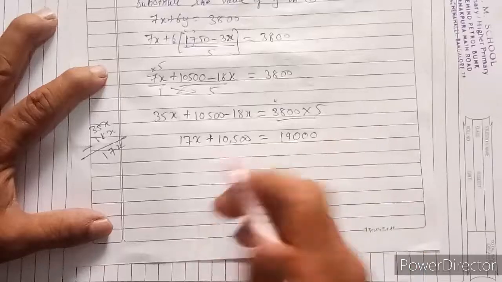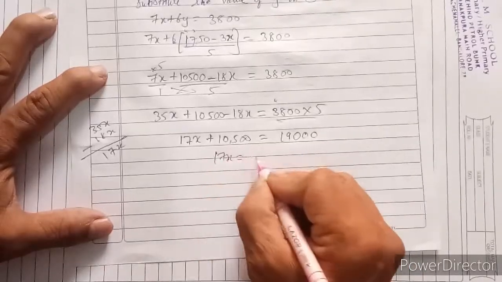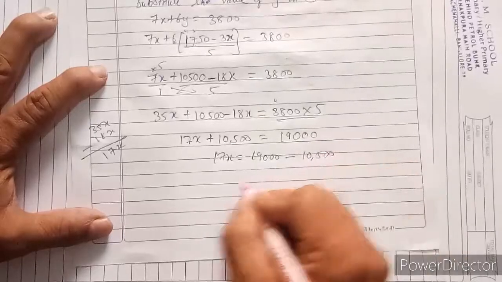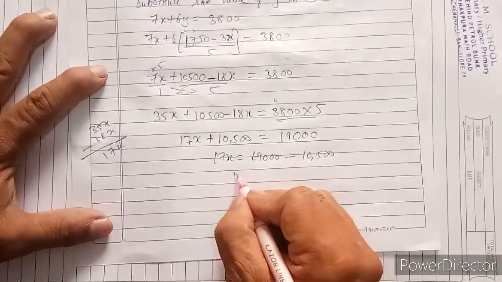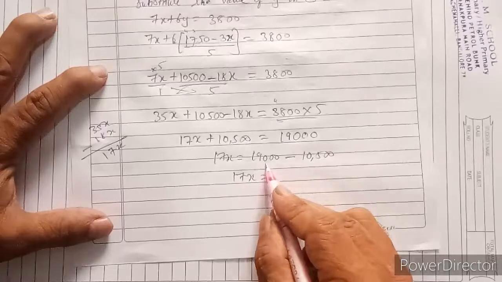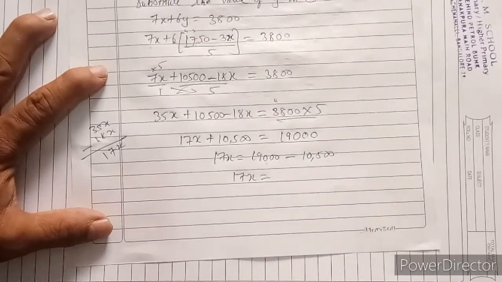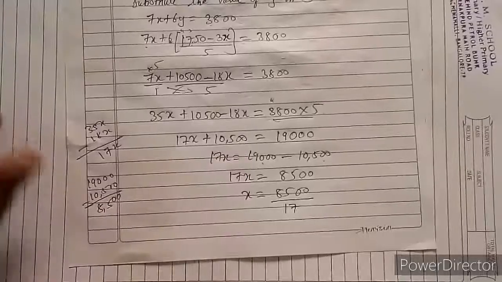If I transfer this to the other side, 17x is equal to 19,000 minus 10,500.